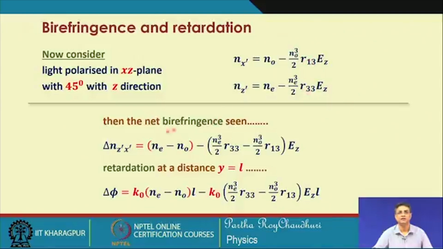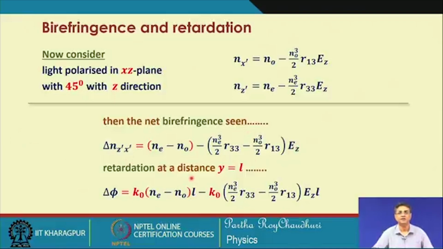As a result, and also the base refractive indices, the natural refractive indices along x and y are n o and n e. So, that is also creating a difference. This is the natural birefringence and this is the induced birefringence because of the external electric field.